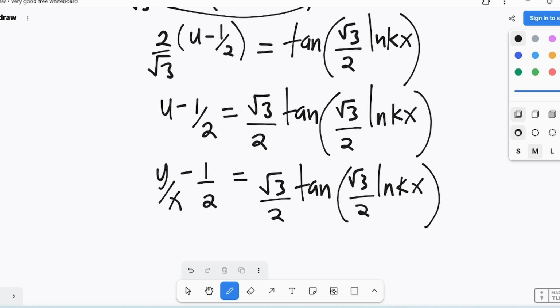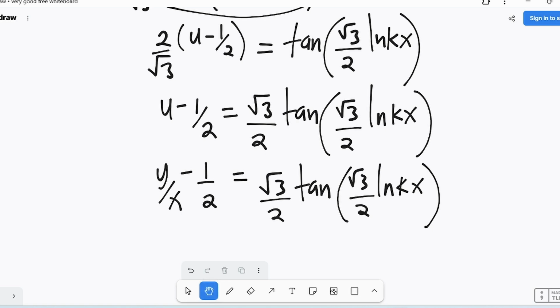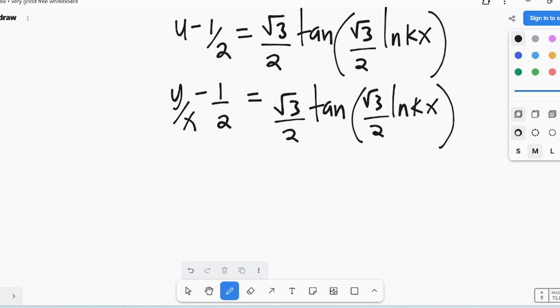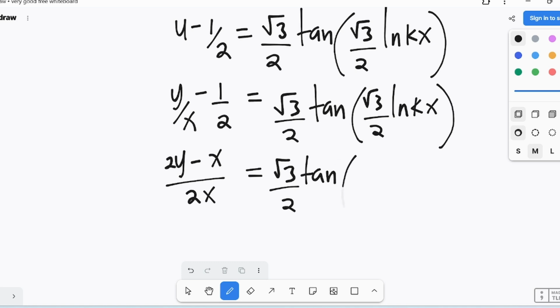If we get the LCM this side, we shall have y minus 2y minus x out of 2x is equal to root 3 out of 2 tan of root 3 out of 2 ln kx.